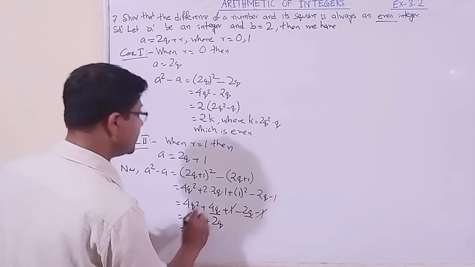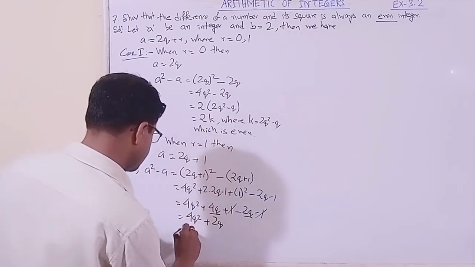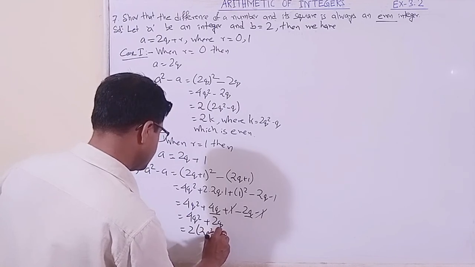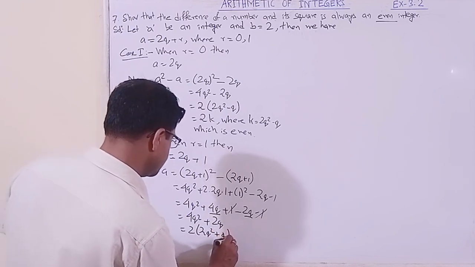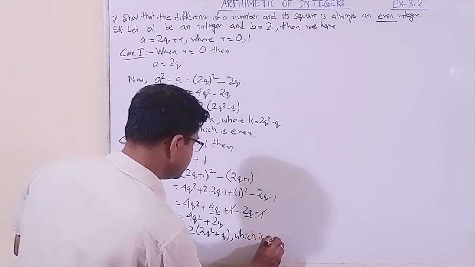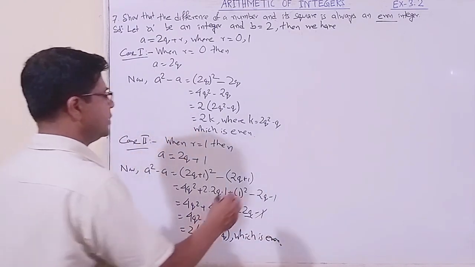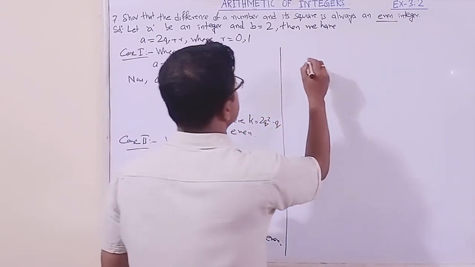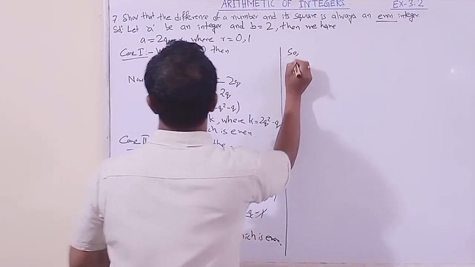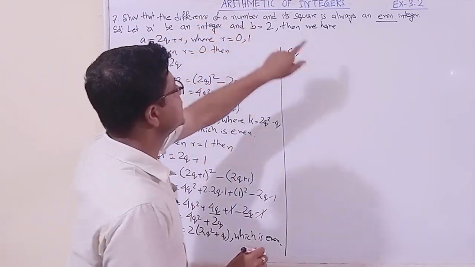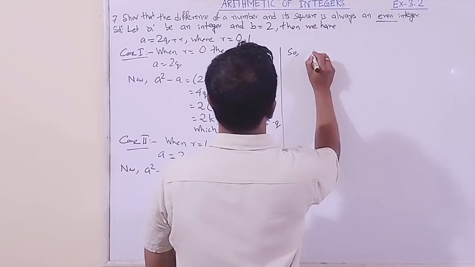We have to take 2 common, as we have to show it is an even integer. 2 times (q square plus q), which is even. Okay, so the last conclusion let us write here. So the difference, what will we write?